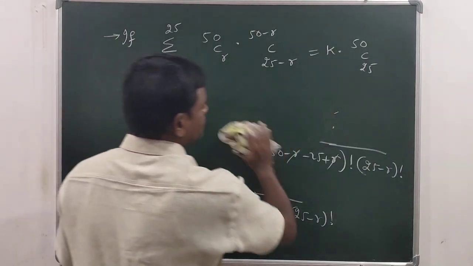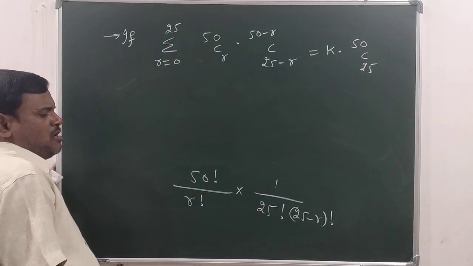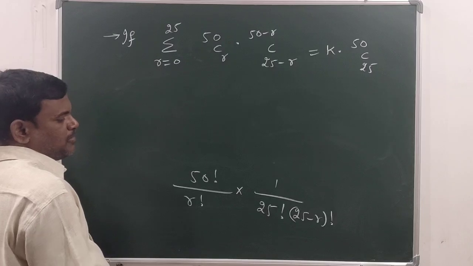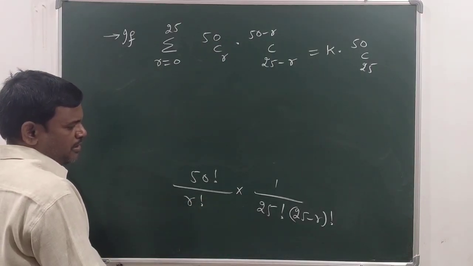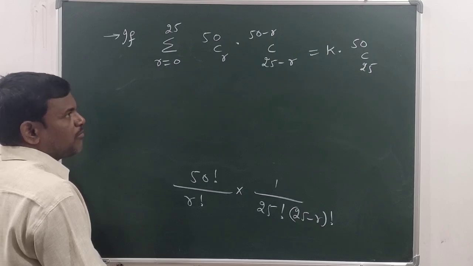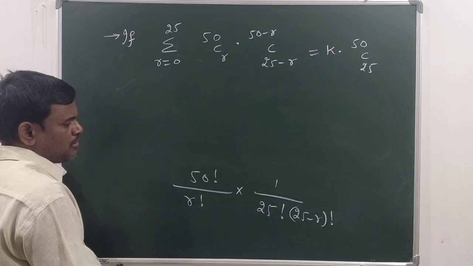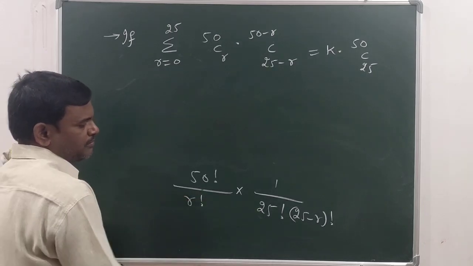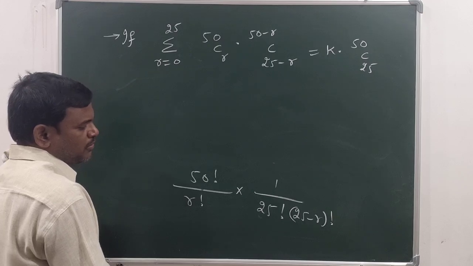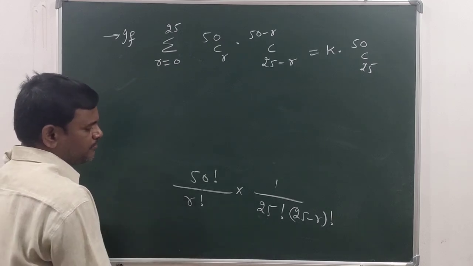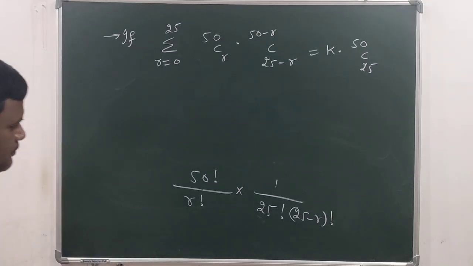Hereafter, now what have you got? N value I would like to take as 50, here 25. R factorial, R value 25 you can take. Now here r factorial.